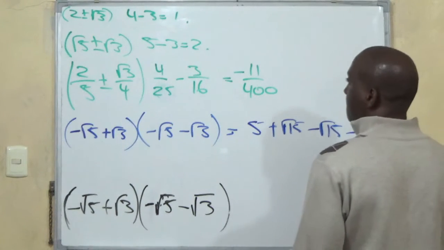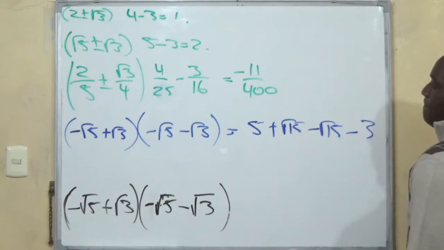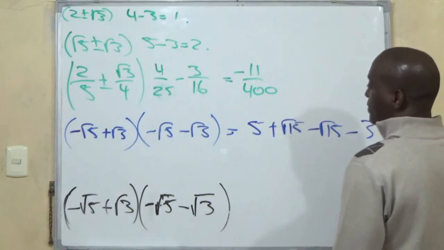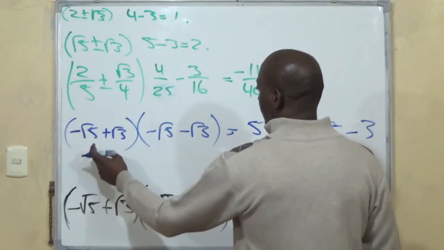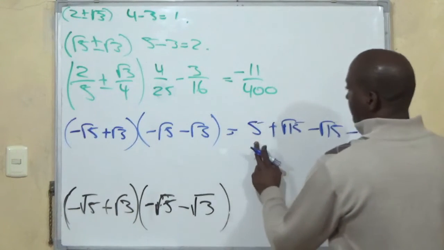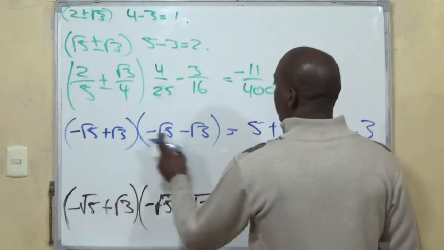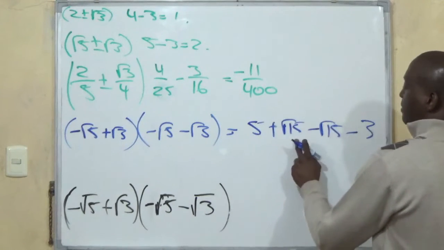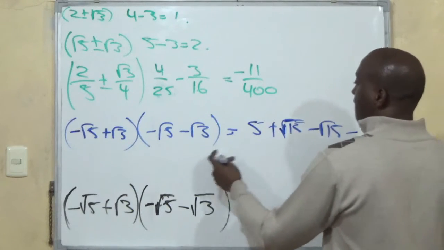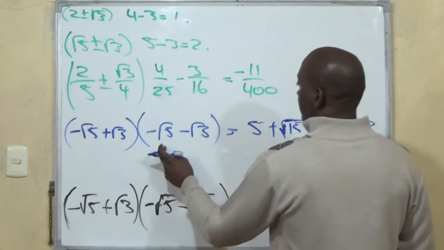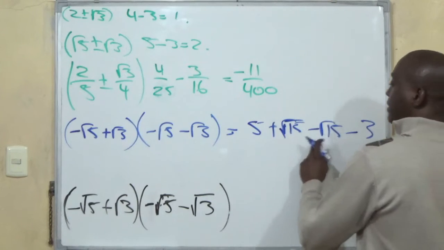Let me double check that again. Minus root 5 by minus root 5 is plus 5. Minus root 5 by minus root 3 is plus root 15. Plus root 3 by minus root 5 is minus root 15.